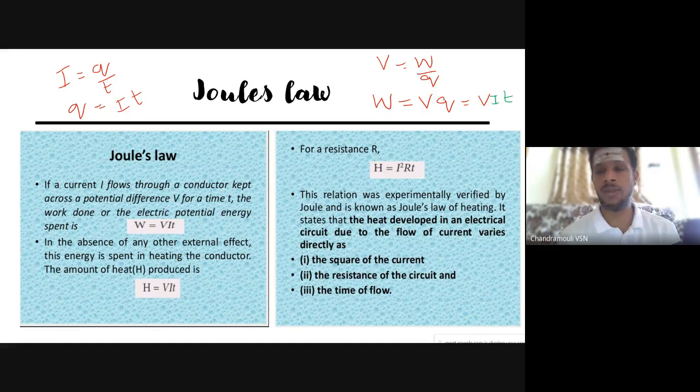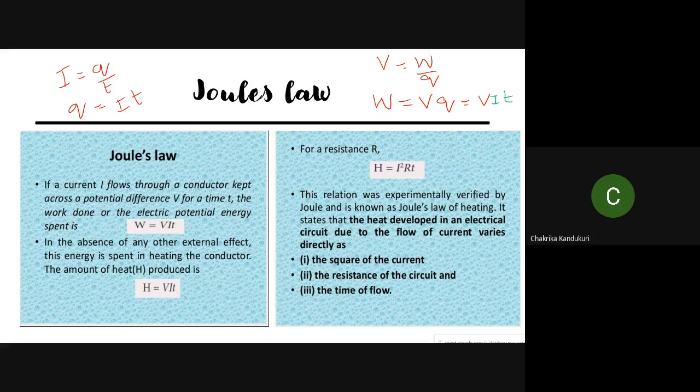Can you repeat how we took two basic formulas? We know that the potential difference formula is V is equal to W by Q, and the electric current formula is I is equal to Q by T. From that, we obtain Q is equal to I into T, and from the potential difference formula, we obtain W is equal to VQ.